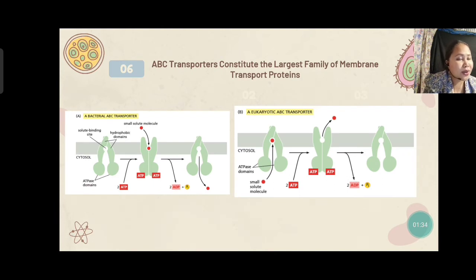This figure shows small molecule transport by a typical ABC transporter. An ABC transporter consists of multiple domains, typically two hydrophobic domains each built of six membrane-spanning alpha helices, together with a translocation pathway, and they provide substrate specificity.